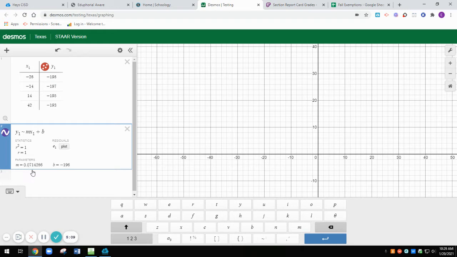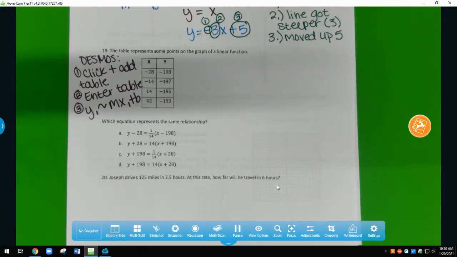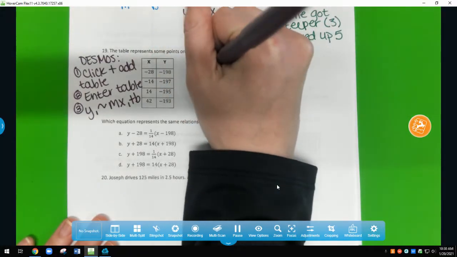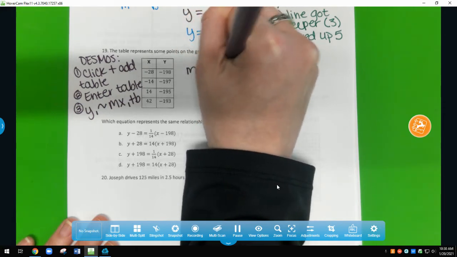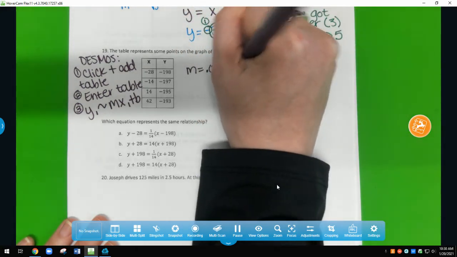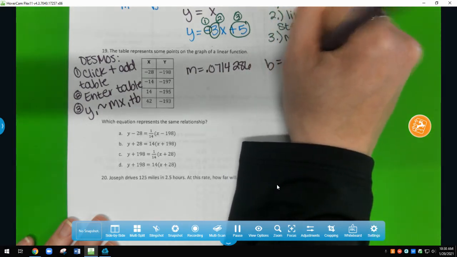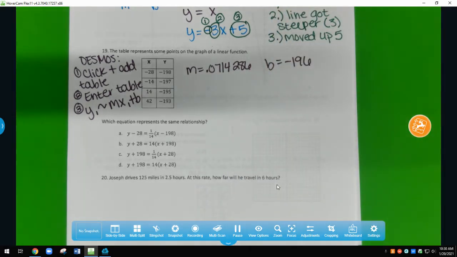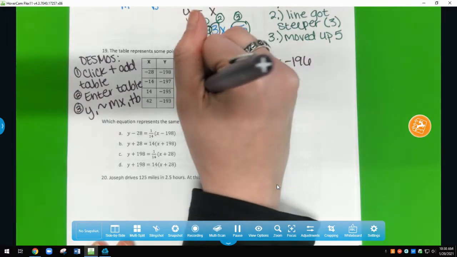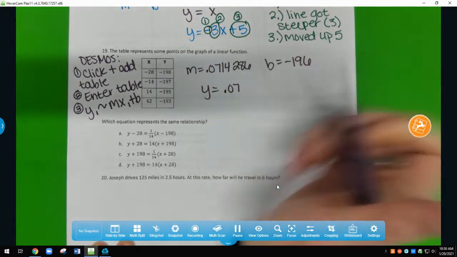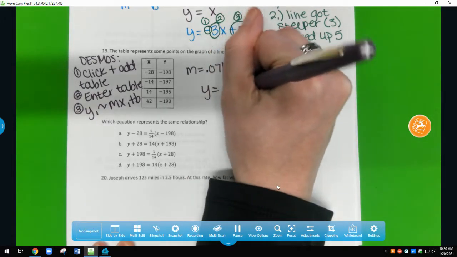Remember, I'm just worried about these numbers at the bottom. So my m for this one was 0.0714286. My b was negative 196. So if I write this equation, I want to go ahead and make that decimal a fraction.